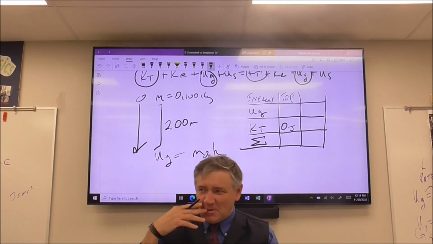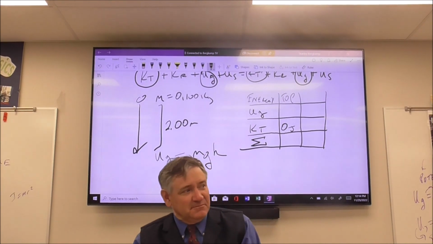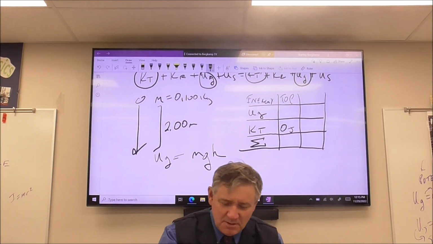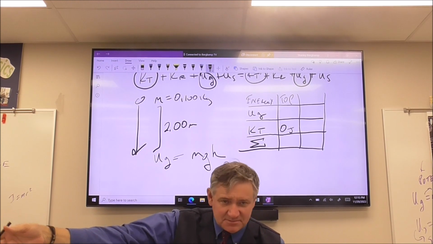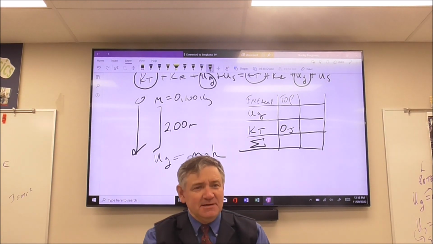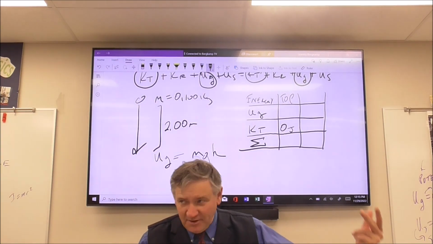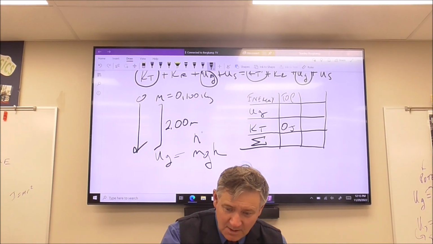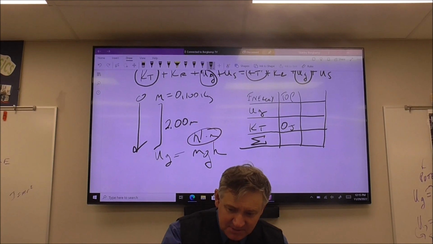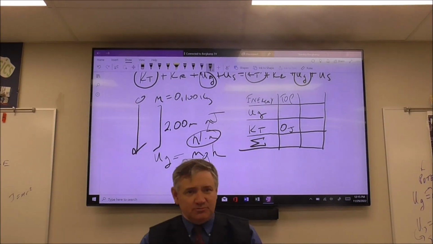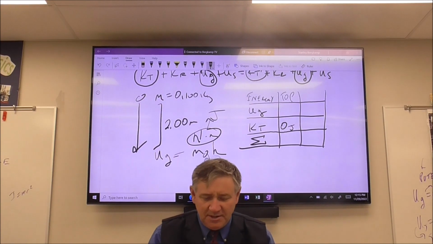Now, what units is this going to be in? Joules. Joules is the same thing as Newton meters, right? So if I take M times G, I get a force, right? And I get a height that's in meters, so I get Newton meters, which is the same thing as joules. That's kind of clever, okay?